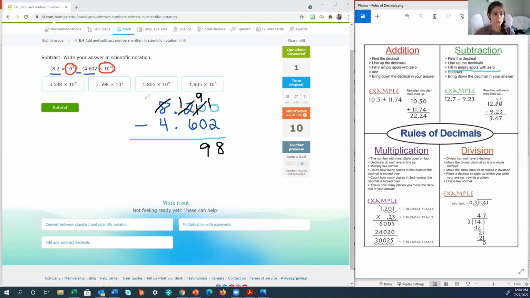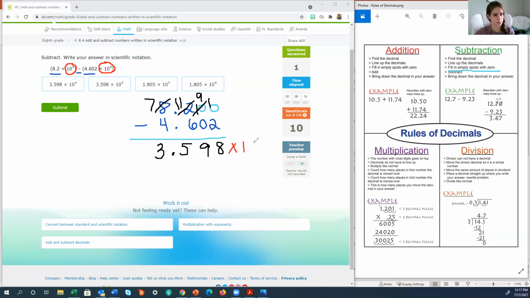We'll borrow from the 8, and that becomes a 7. So our 1 is now an 11. 11 minus 6, 5. Bring down that decimal point, and last but not least, 7 minus 4 is 3. And we got to make sure it's in scientific notation.